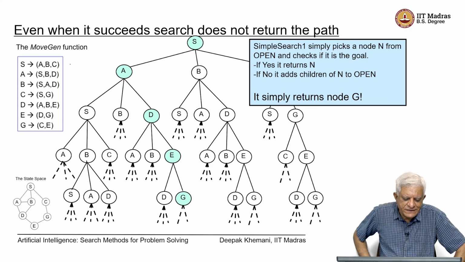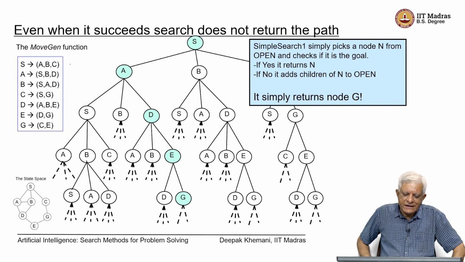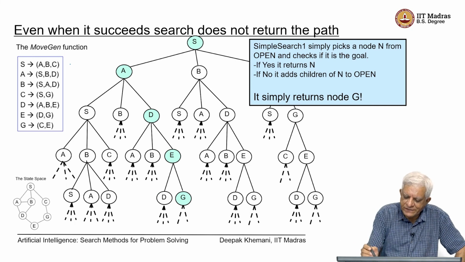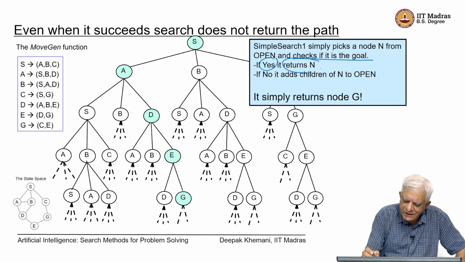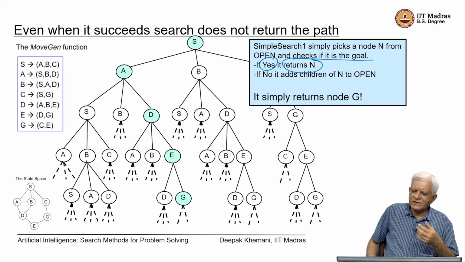Now, one problem with this is you wanted to go to the goal node G, but this algorithm is returning only the node. So, we said that you do a goal test, and if it is yes, then it only returns that node n essentially. So, it will only give you the node essentially.